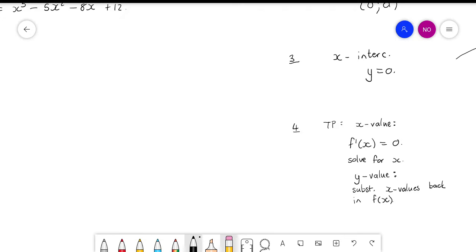X to the power of 3 minus 5x squared minus 8x plus 12. Okay, almal by tot daar? Jy reg, Julian? Ja. Okay.